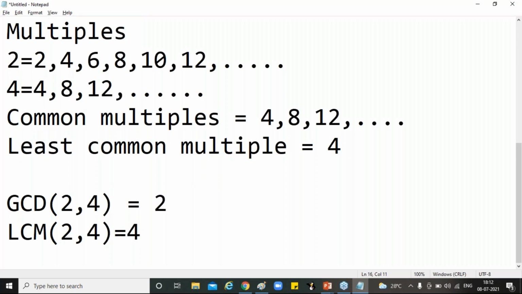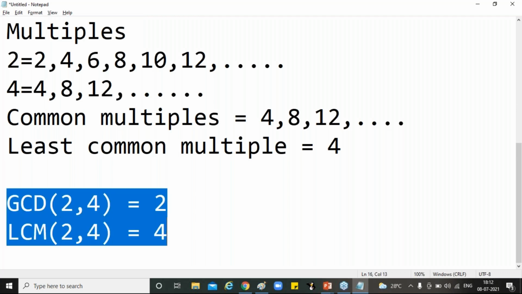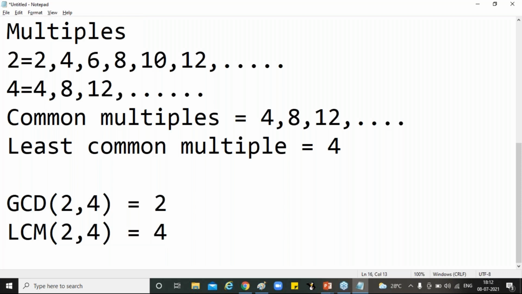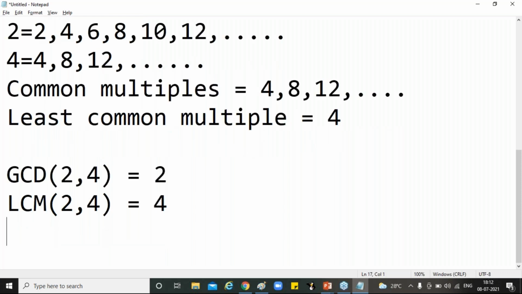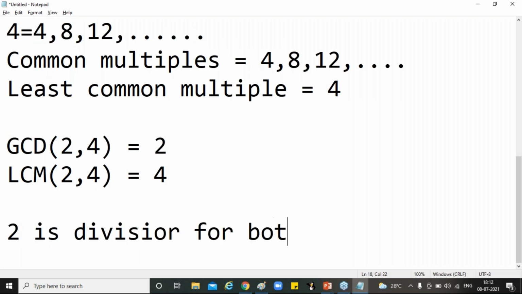Remember this example throughout the topic for reference. If you observe clearly, 2 is the common divisor for both 2 and 4.